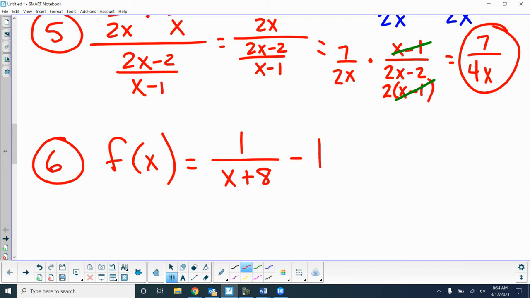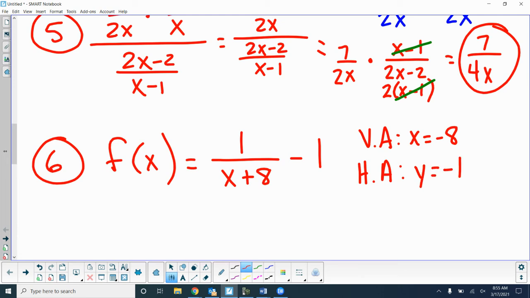Underneath, I got a spot for vertical asymptote, and that's what makes the denominator 0. So what number makes that 0? Negative 8, right? Horizontal asymptote is whatever's out to the right of that fraction, which is what number? Negative 1.